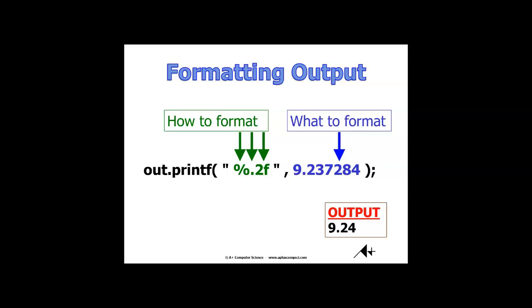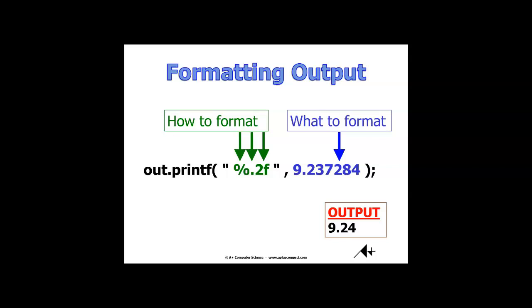So in this case, when you're using printf, the first part of the printf is the formatting string. And then after the formatting string, you have a comma, and then whatever it is that you're trying to format. So you're going to have percent something, either F or D or S or whatever the case may be, that you're processing and formatting. So here I have %.2F.